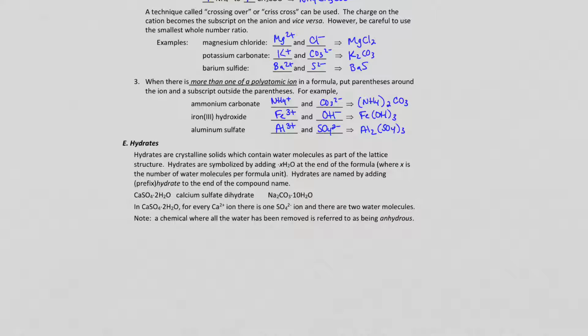If we had copper 2 chloride pentahydrate, copper 2 chloride, right, it'd be CuCl2 times 5H2O. So use that prefix. That's your number of waters.